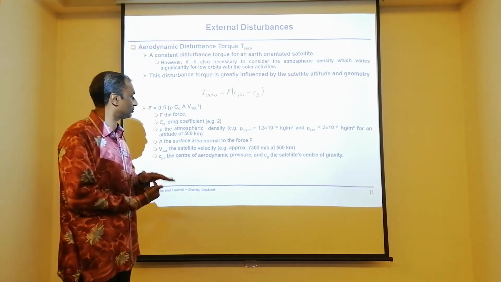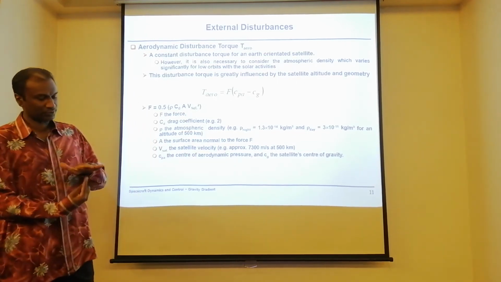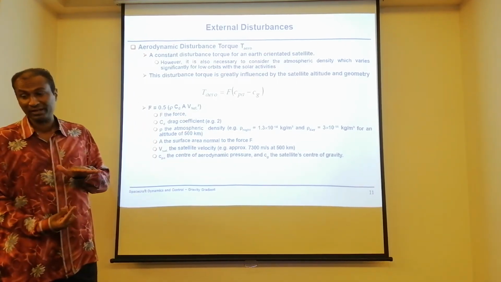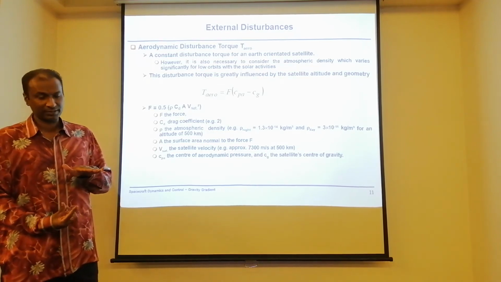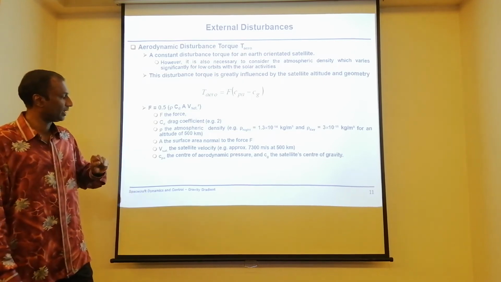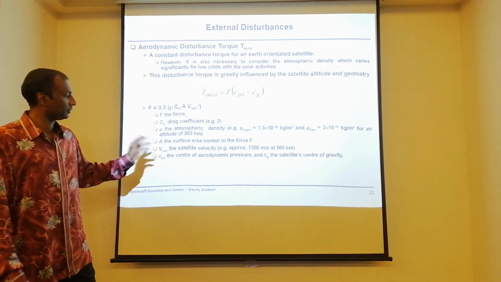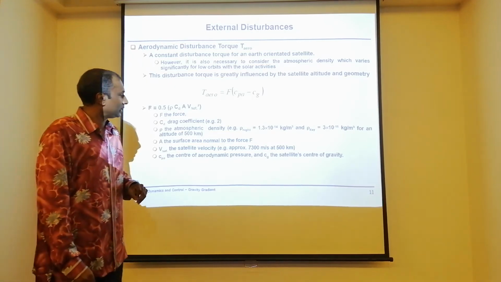And normal to the surface, it doesn't, because the force is actually normal to the surface. So pitch axis, you don't have aerodynamic disturbance. Okay, you only will have basically on your roll and your yaw.